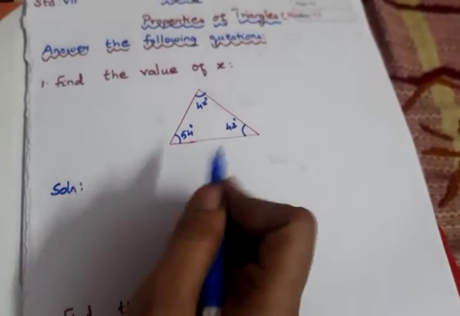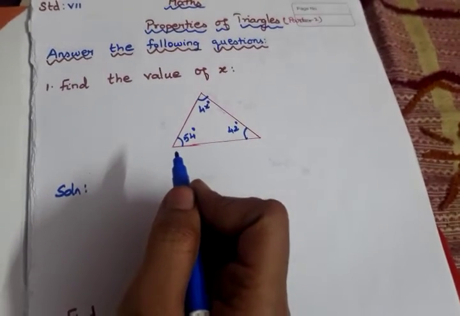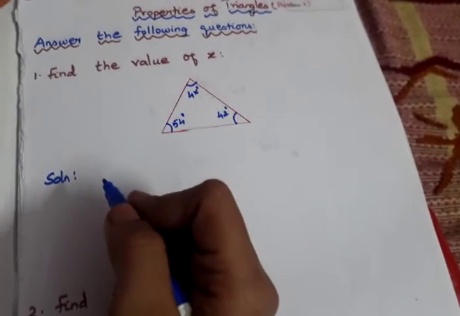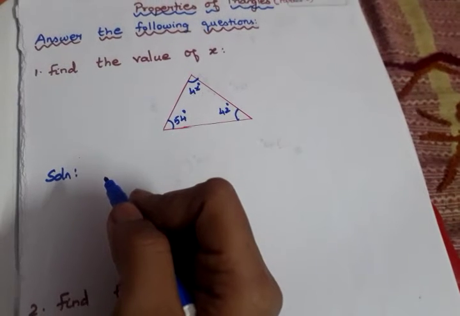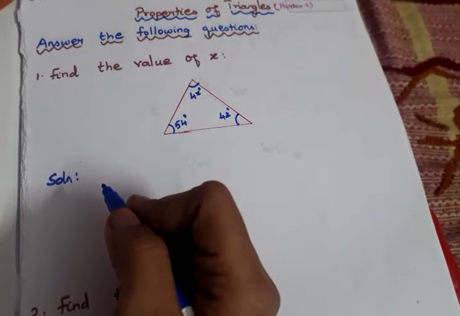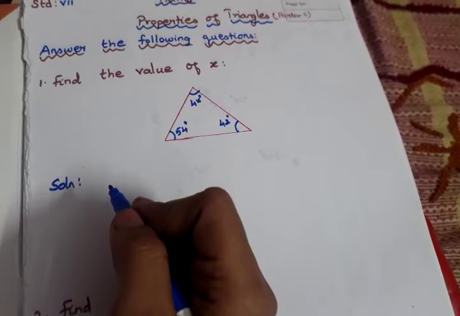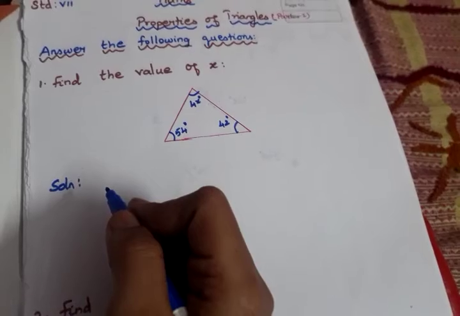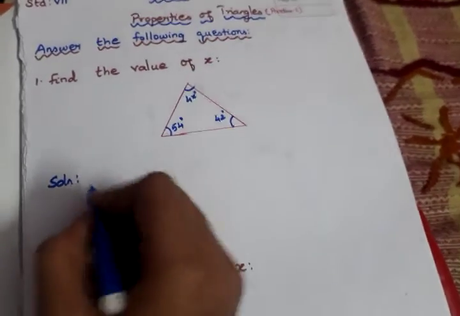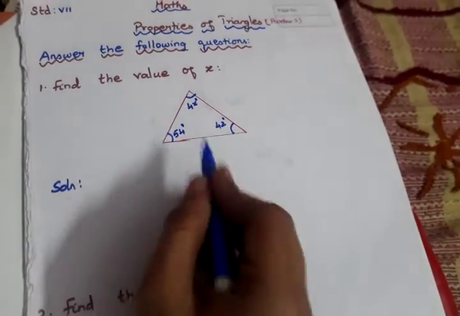The sum of the angles of a triangle is 180 degrees. So first we add all the angles: 4x degrees plus 54 degrees plus 42 degrees. Okay, 54 plus 42 is 96 degrees.